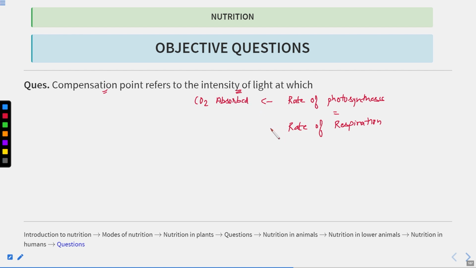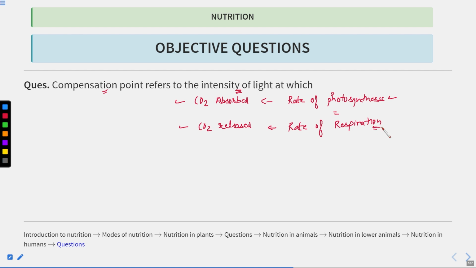During respiration, carbon dioxide is released. So you can also define the compensation point as the light intensity at which the carbon dioxide absorbed by plants during photosynthesis is equal to the carbon dioxide released during respiration.